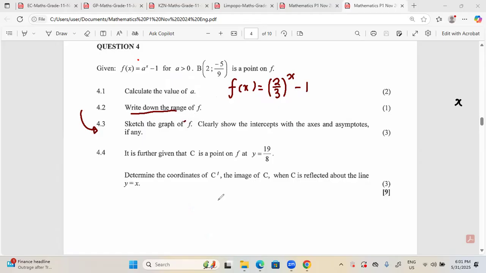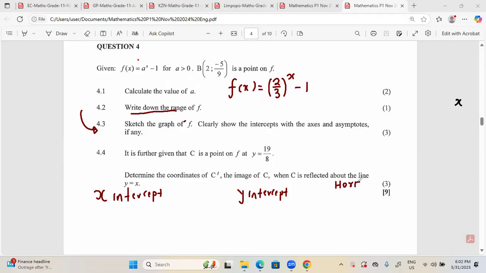So I said to you, when you sketch the graph, it's important to have the x-intercept. So we need to find the x-intercept. We also need to find the y-intercept. And we also need the horizontal asymptote.